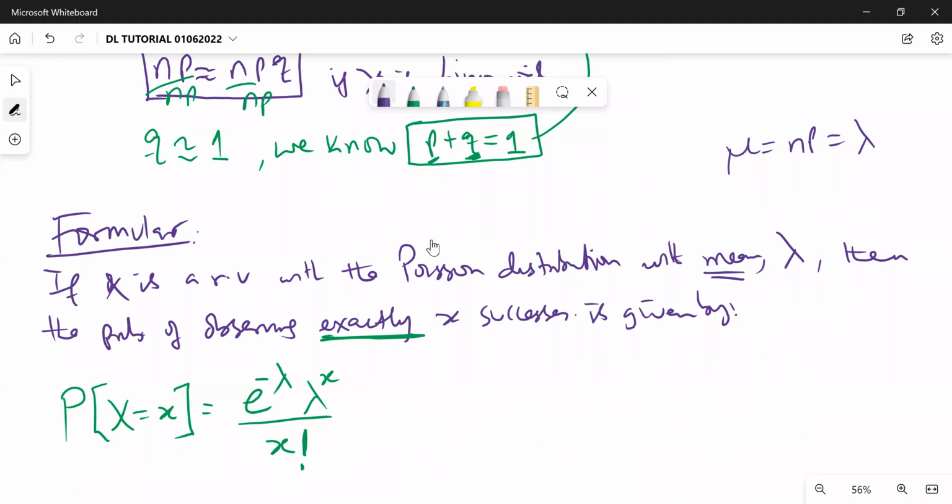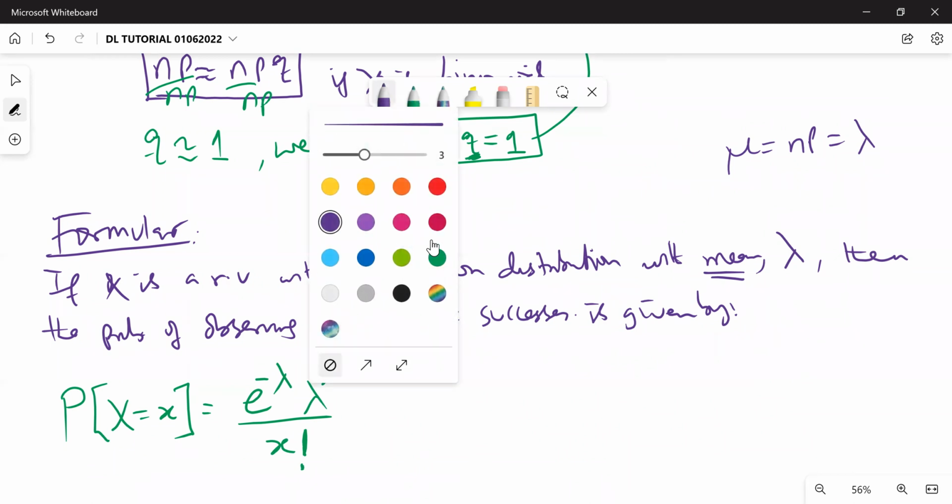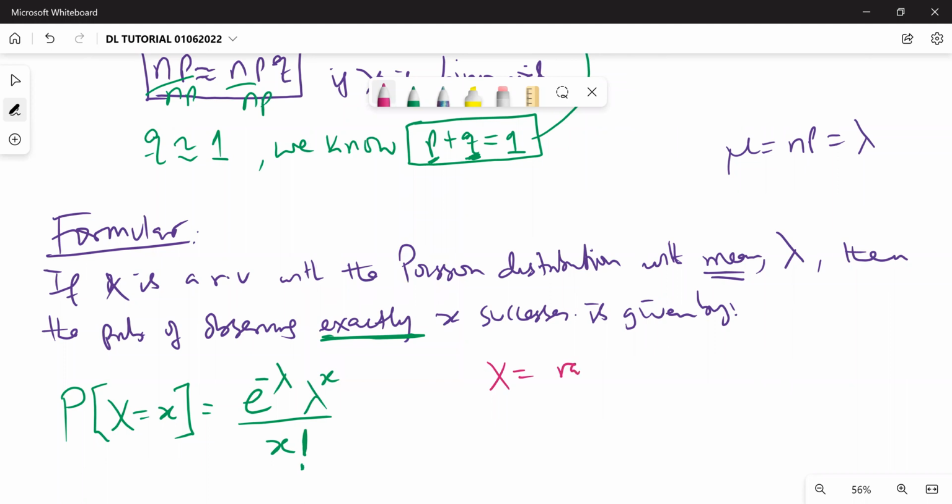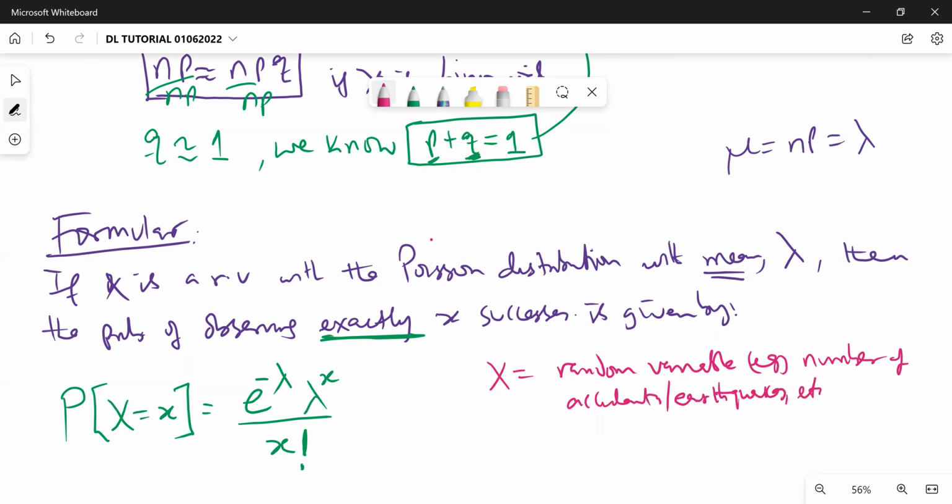Where X is the random variable, for example the number of accidents, things like earthquakes, etc. Then x takes values all the way to infinity.